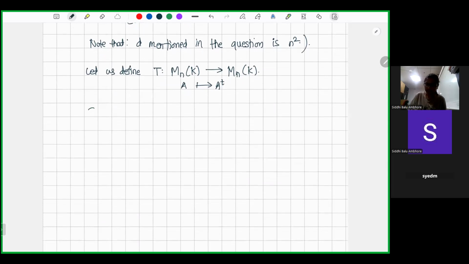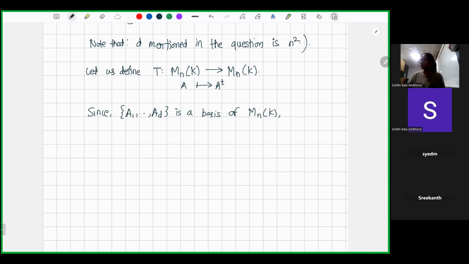Since A1 to AD is a basis of M_n(K), then these matrices are linearly independent.